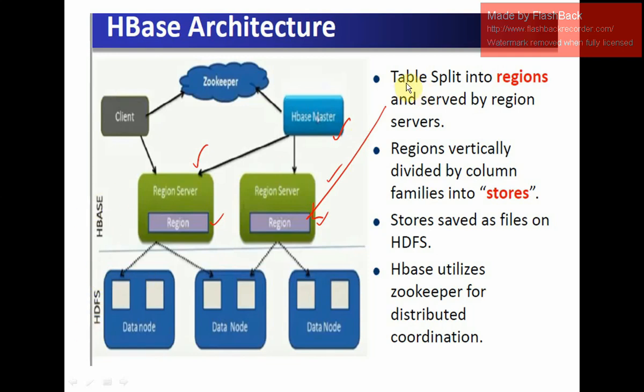If we have a table, tables are split into regions, and these regions are managed by region servers. Regions are vertically divided by column families, and we give the name of this column family as stores. We'll see what the stores are.